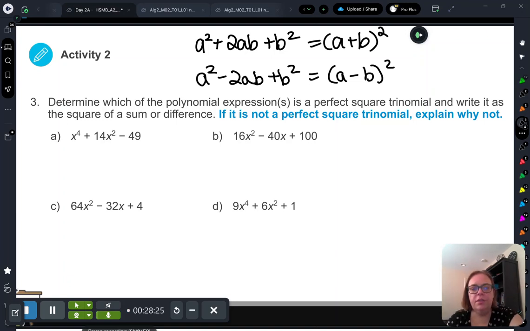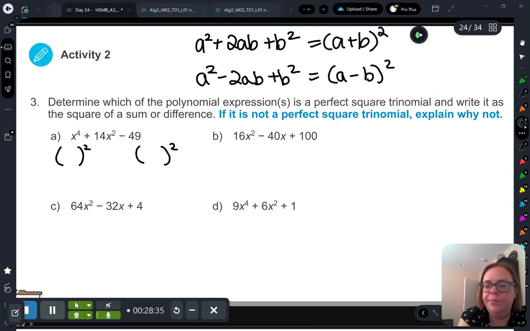So let's take a look at this first one. We've got x to the 4th plus 14x squared minus 49. So is this a perfect square? And is this a perfect square? Well, x squared is x to the 4th, so that's a perfect square. Now, 49 is a square, but negative 49 is not a square.